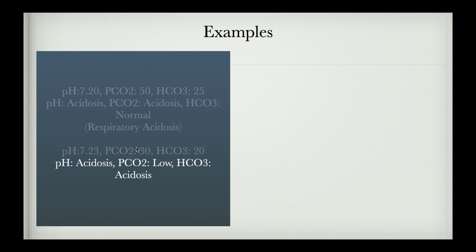And if the carbon dioxide is low and the pH is low, remember we said if they go in the same direction, then the problem is metabolic in nature. But we also have a low bicarbonate, which is also pointing to acidosis. And so we say we have metabolic acidosis.